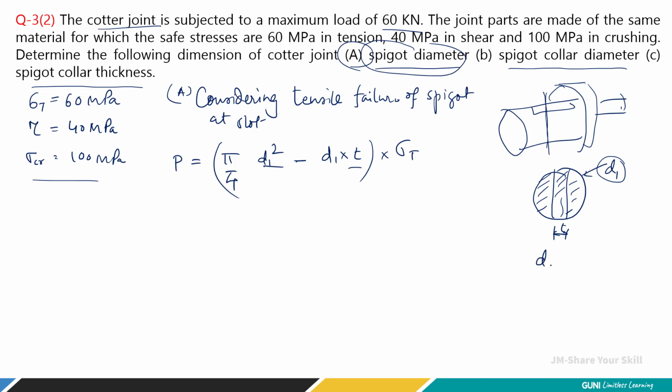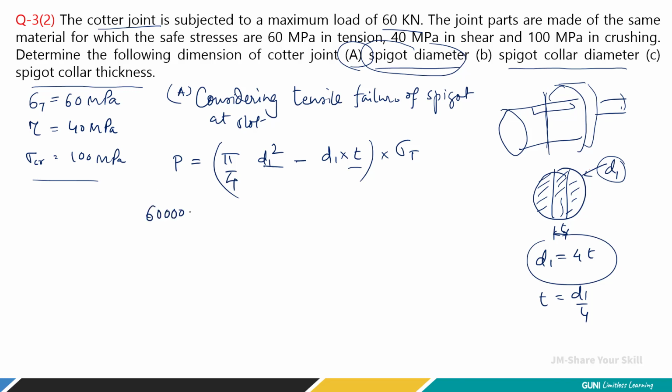Generally the outside diameter, or the spigot diameter, is taken as 4 times its thickness. So you can write t as D1 by 4. Let's replace the values. The P value is given as 60 kilonewton.